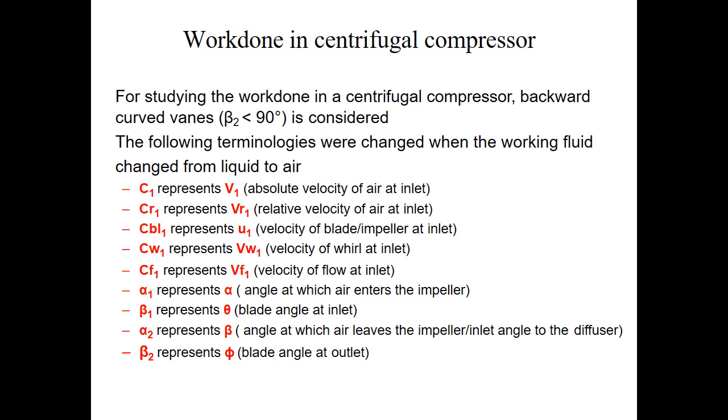Like I said earlier, we will be using C1 to represent V1, the absolute velocity of air at inlet, CR1 representing VR1, the relative velocity of air at inlet, CBL1 representing U1, the blade velocity of the impeller at inlet, CW1 representing VW1, the velocity of whirl at inlet, CF1 representing VF1, the velocity of flow at inlet, and the angles alpha 1 representing alpha, beta 1 representing theta, alpha 2 representing beta, beta 2 representing phi.